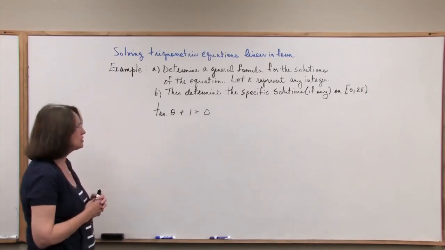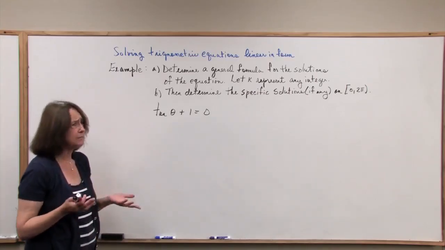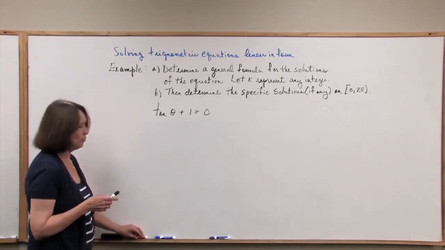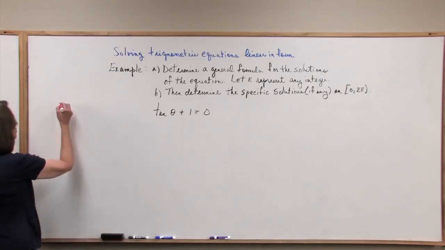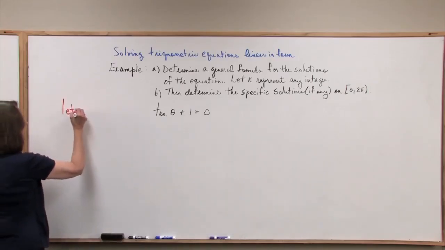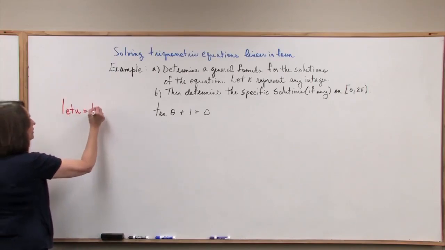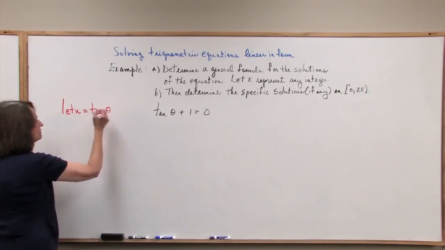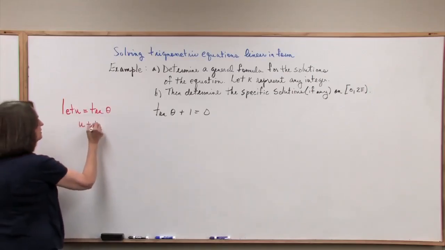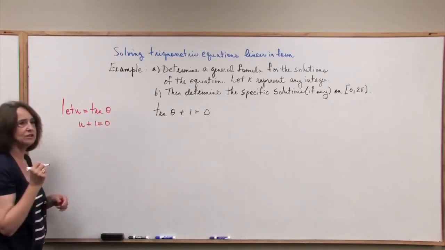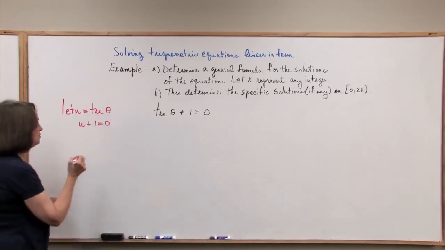And when we first look at it, you may not be sure exactly what to do with it. So you can very easily come here to the side, let u be your trig function, tangent theta. Making the substitution, we have the equation u plus 1 equals 0.